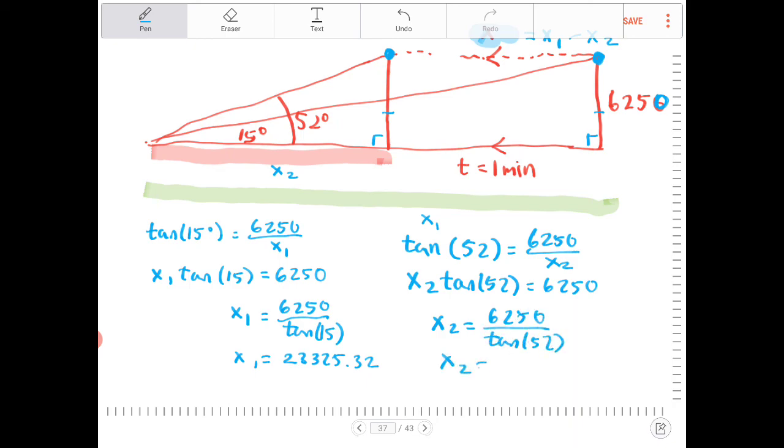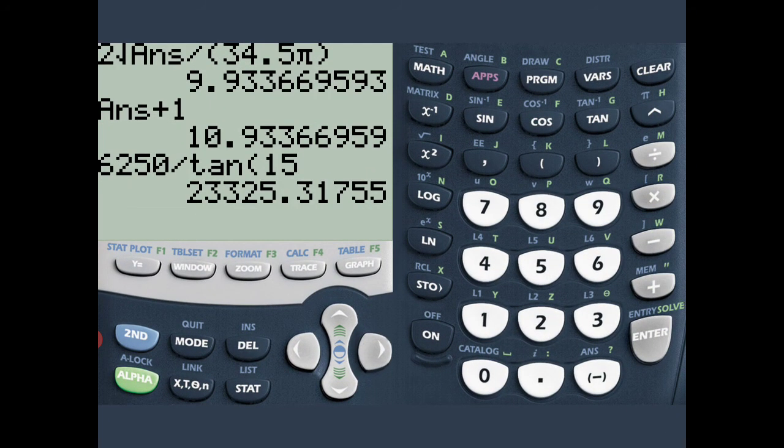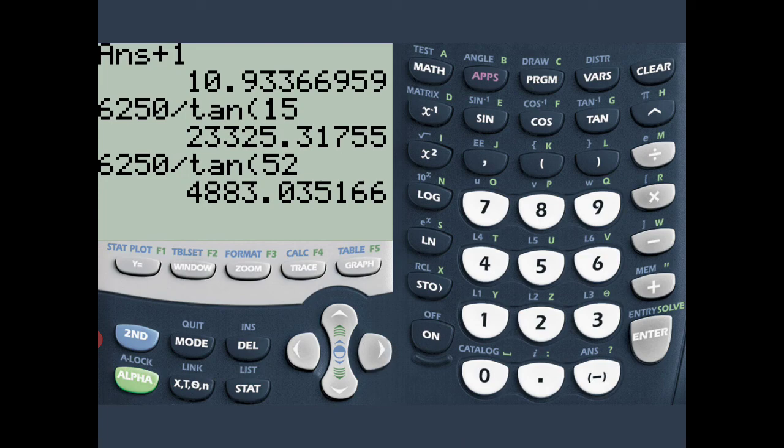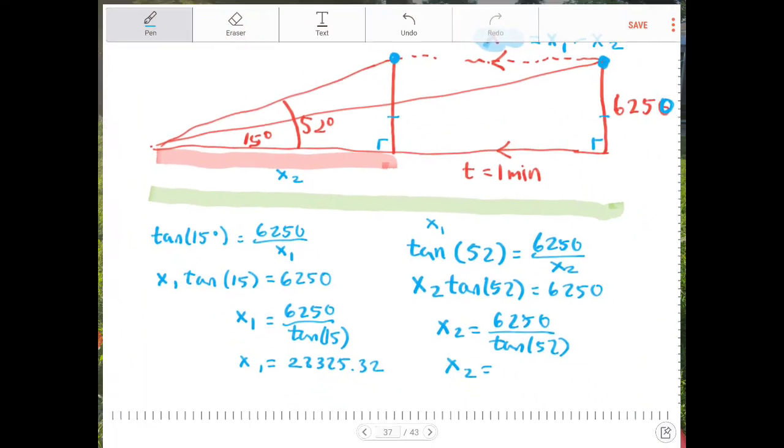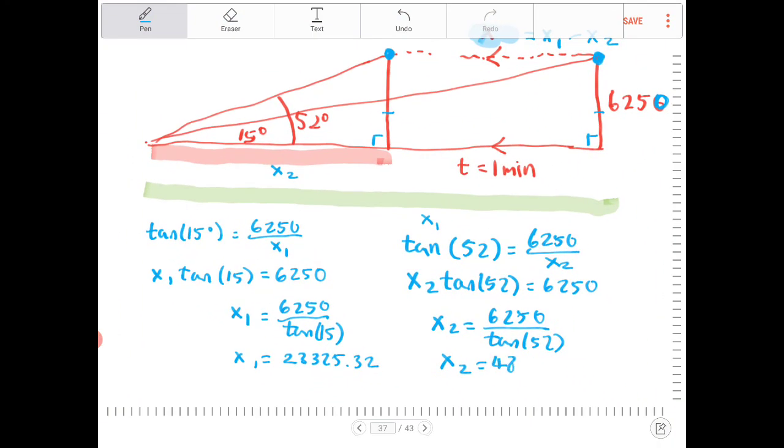I'm going to enter this into my calculator: 6,250 divided by tangent of 52. That is 4,883.035, so 4,883.04 roughly, because I rounded to 2 decimal places for x1.